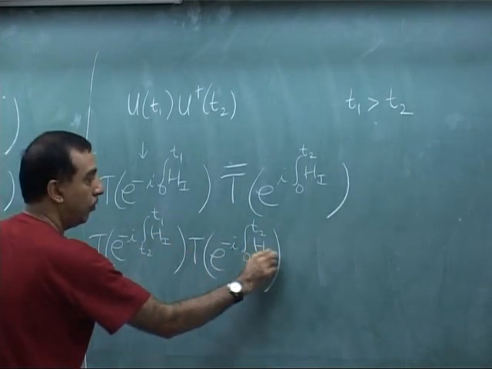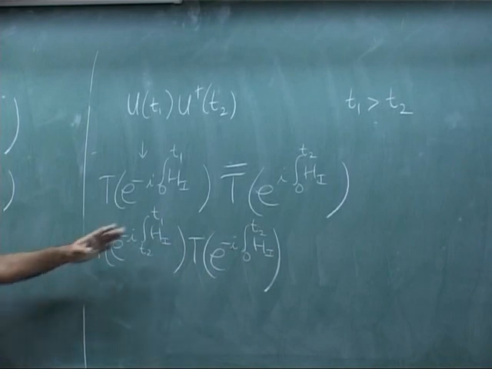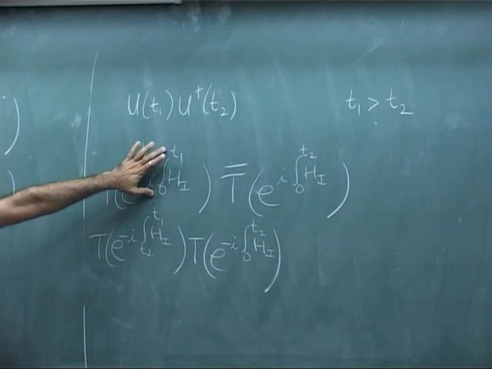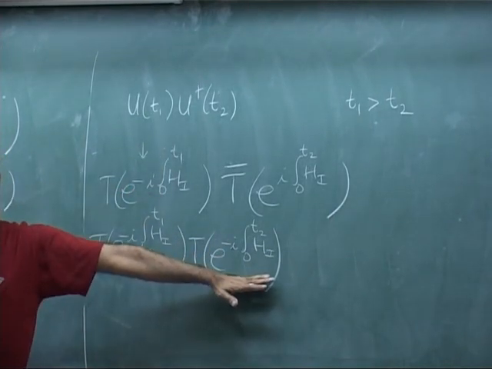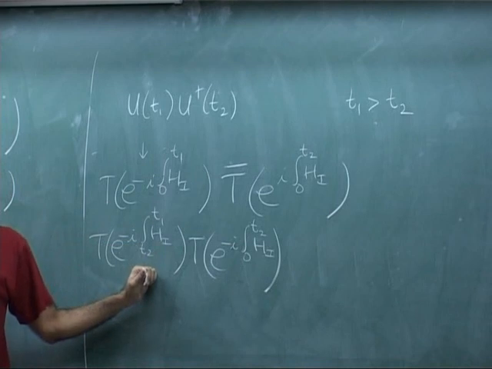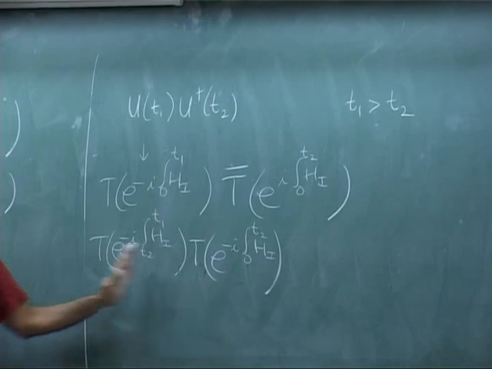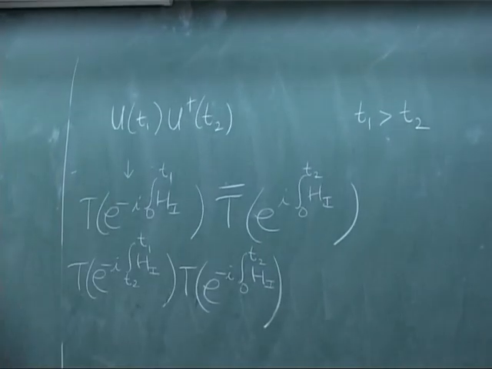Is that clear? Because the time ordering prescription puts all the later times on the left. So if we break up this interval into two pieces, we can extract a separate time ordering symbol for this one and for this one. Because this arranges all these times from 0 to t2 this way, and then this arranges them from t2 to t1 this way. So it's the same as what we had before.